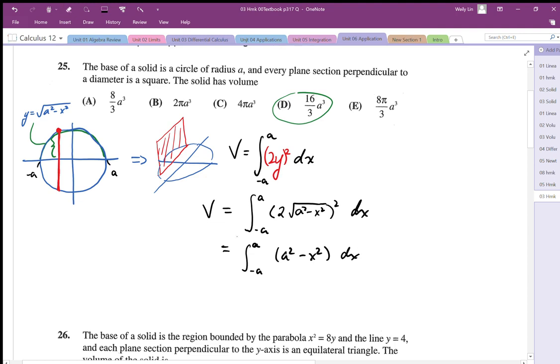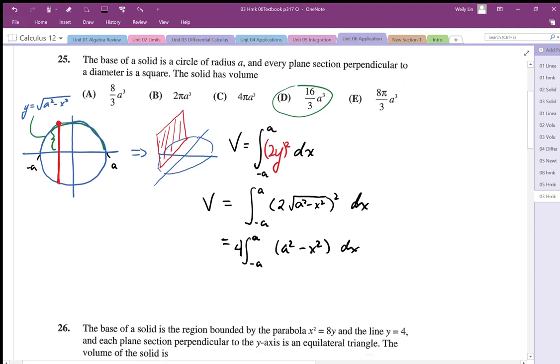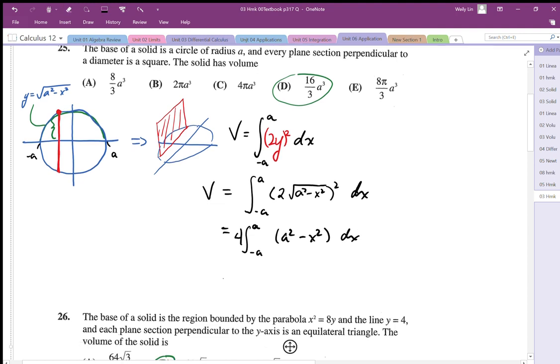I'm just going to move the 4 to the outside to make it easier to work with, and I end up with 4 times a squared x minus x cubed over 3, and we're going to integrate that from negative a to a.